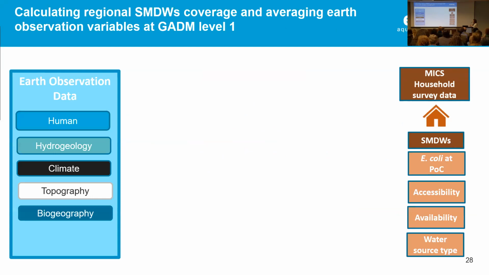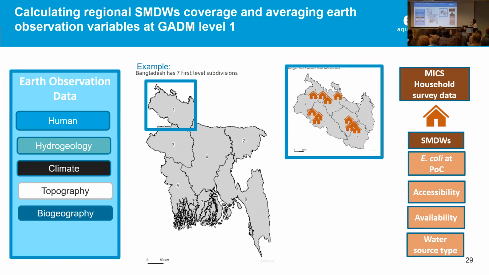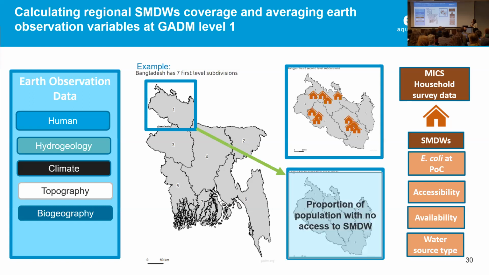What we do is we use this Earth observation data together with the household surveys. As people who are familiar with the MICS surveys know, we don't have the exact locations for these surveys, at least for most of the countries. So what we've done is we have calculated, for each area where we have data, the proportion of the population which has access to safely managed drinking water.